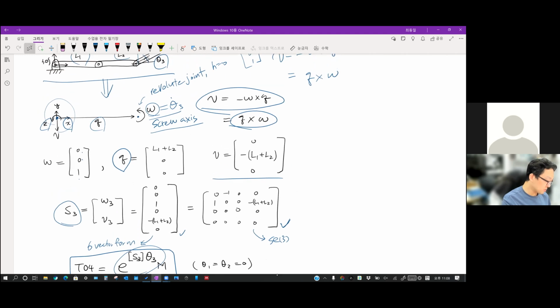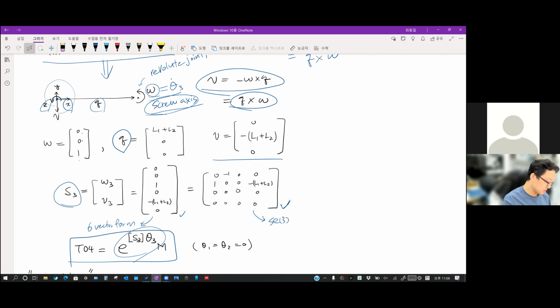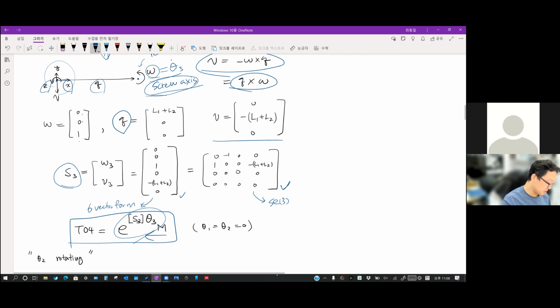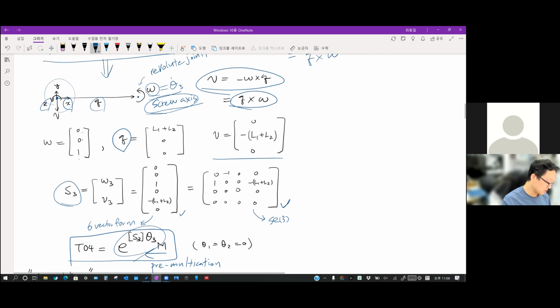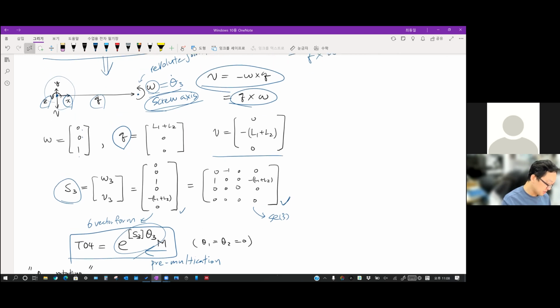When it follows this kind of screw axis motion, this motion is based on the S frame. It should be pre-multiplication, because this one is a kind of absolute transformation.